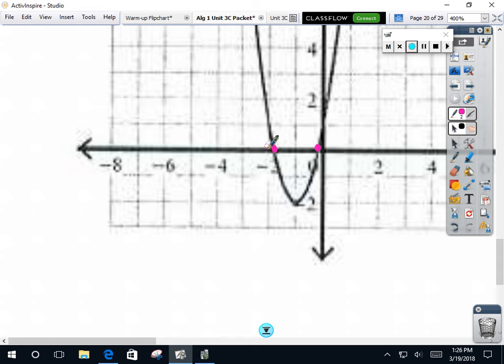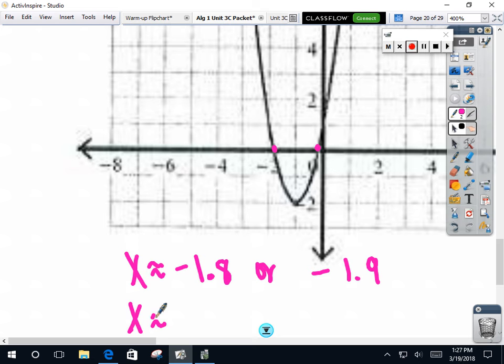Well, look, here's negative 2. So is it actually crossing through at exactly negative 2? So it's negative 1.8 or negative 1.9. What about this other one? Okay, negative 0.2.